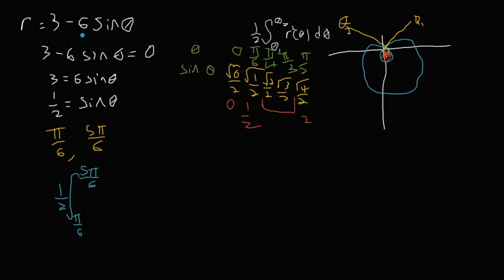And so this is our r, and so we say 3 minus 6 sine theta, and the entire quantity needs to be squared, and we are integrating with respect to theta. And so this is approximately 4.8916.